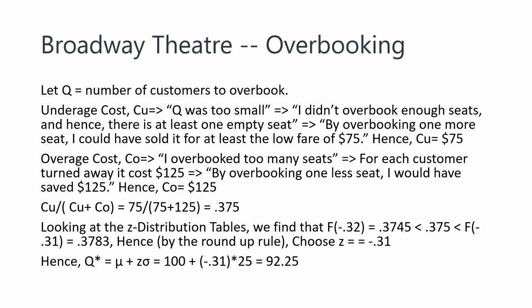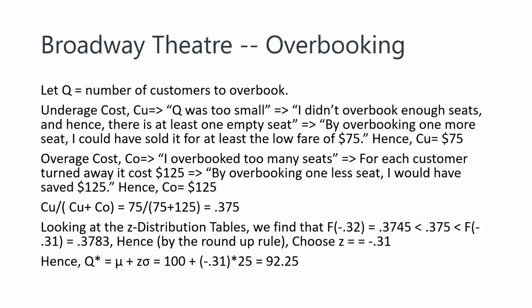It costs $125 for each customer who has a valid reservation but doesn't have a seat. So the theater has to pay $125 to turn that customer away. That's a penalty the theater has to pay. That's the Co, the overage cost. By overbooking one less seat, I would have saved $125. So Co is 125.